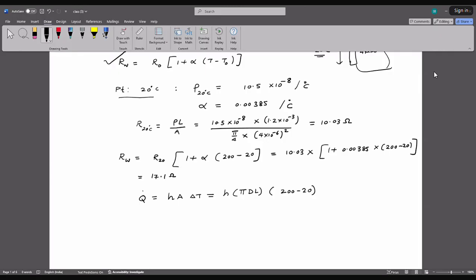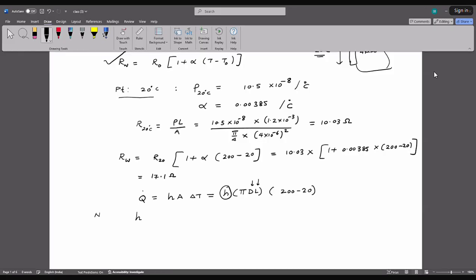So we know the diameter, we know the length, but we do not know the heat transfer coefficient. So we need to find the heat transfer coefficient. How do we find it? To find the heat transfer coefficient, we use this formula.